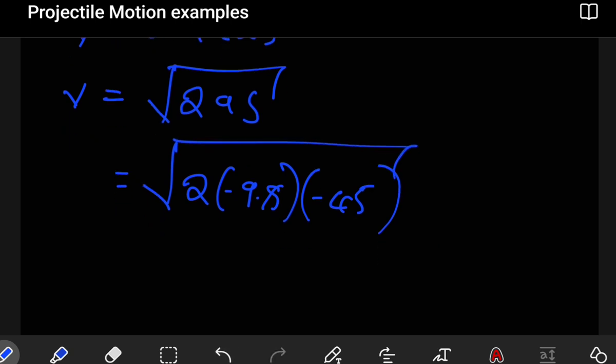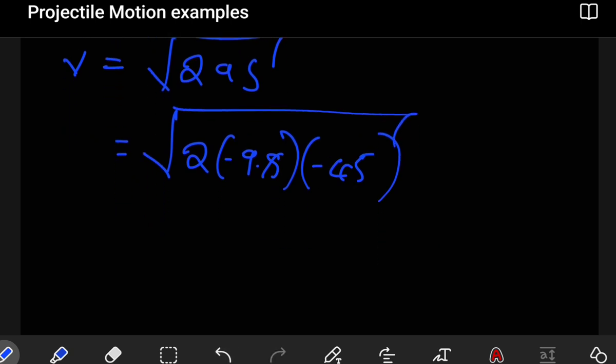But here, of course, we haven't forgotten. Remember, acceleration is negative going down, displacement is negative going down. So remember I said, if you take this to be positive, then take the other to be positive as well. So that we have 2 by 9.8 by 45, then the square root of the answer. And again, we get 29.7 meters per second.